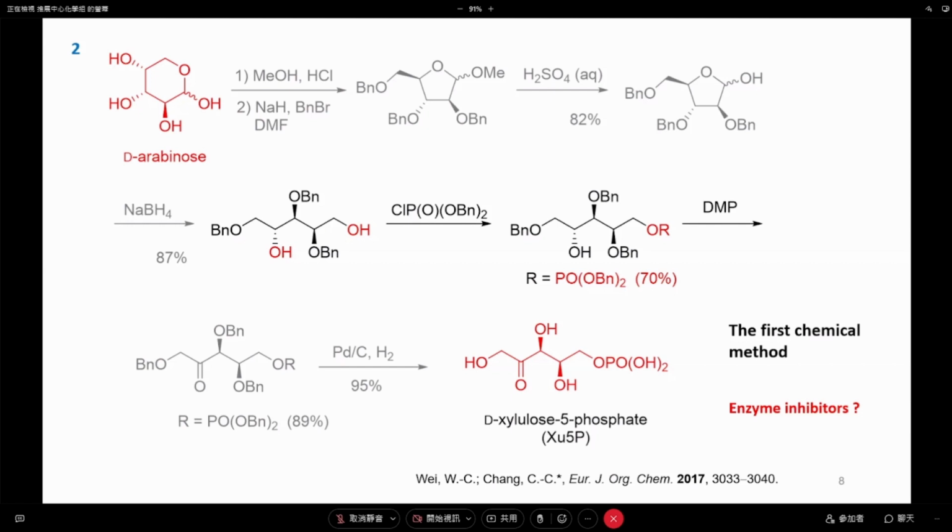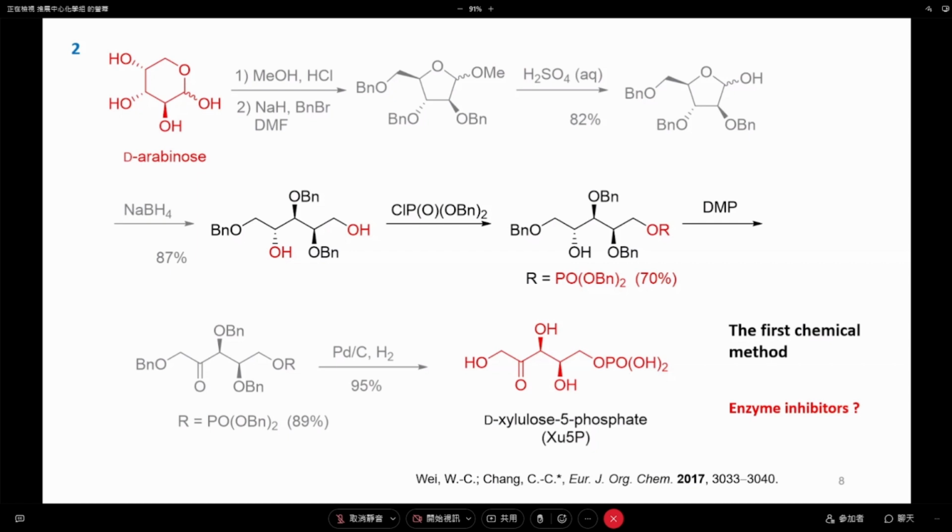Starting from D-arabinose, we prepare this diol. This is secondary alcohol. So phosphorylation reaction on the primary alcohol, and then oxidation to give the final product. And this presents the first chemical synthesis of these two intermediates.